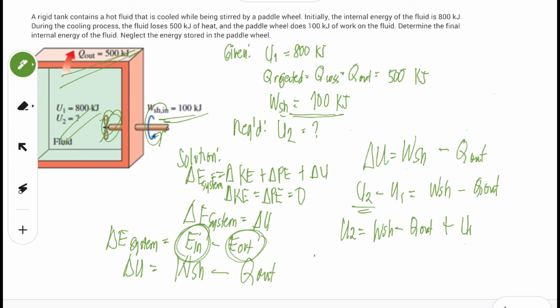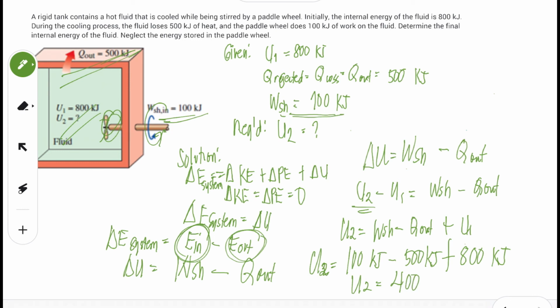Computing for that, the shaft work is 100 kilojoules minus 500 kilojoules, plus the internal energy. So 800 plus 100 is 900 kilojoules, minus 500. The final internal energy of the fluid is 400 kilojoules.